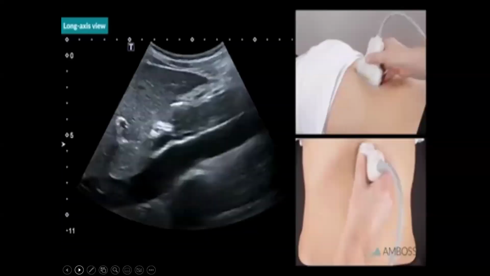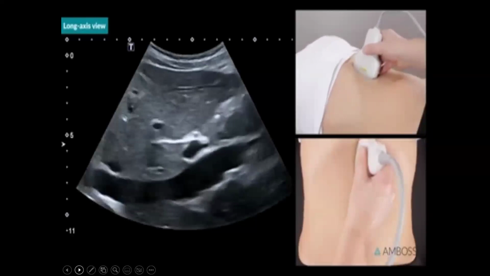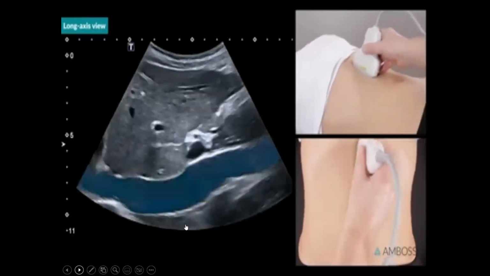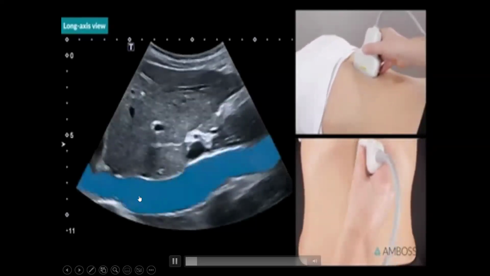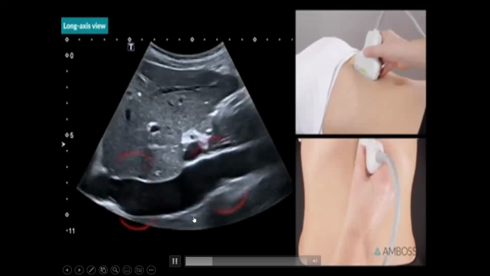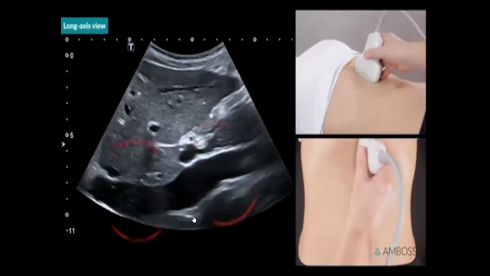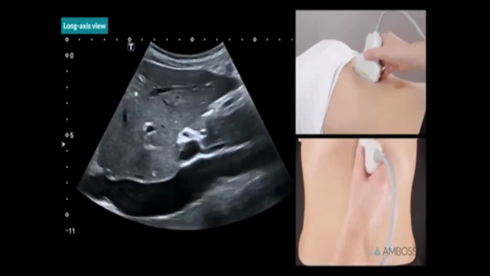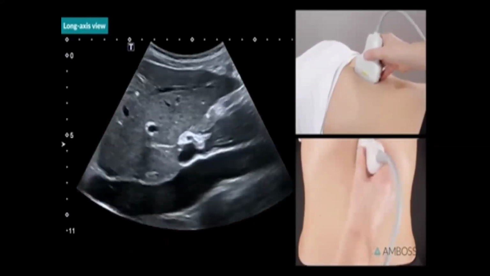Here is another short video, using the abdominal probe. Here you can see the IVC and the liver, and the change of the diameter during inspiration and expiration.